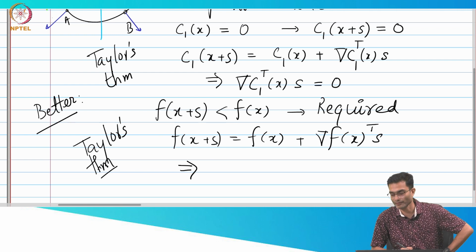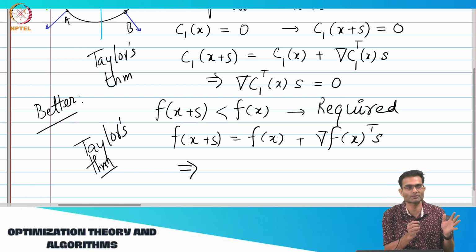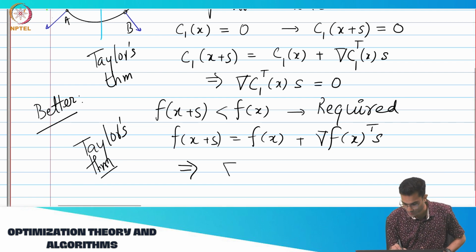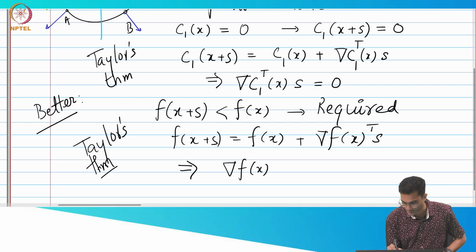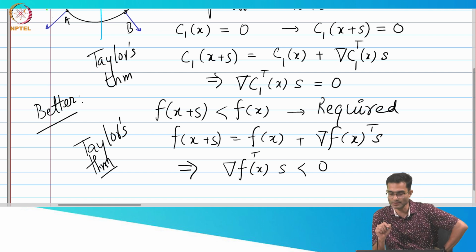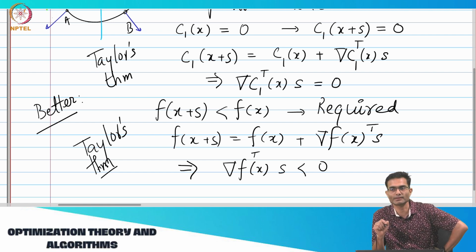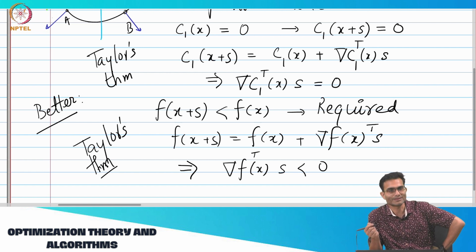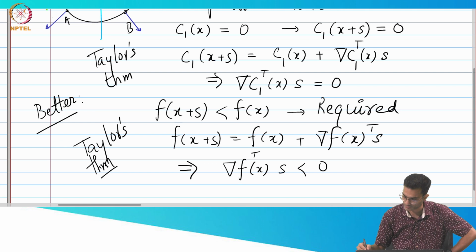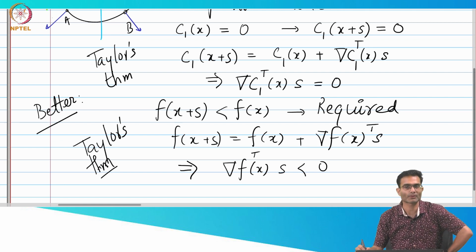Obviously grad f transpose s should be less than 0, so that f of x plus s gets reduced with respect to f of x. So grad f of x transpose s is less than 0. Does this remind you of something that you have already studied? It's another word for saying s is a descent direction, which makes sense. But that's the algebraic way of looking at it.